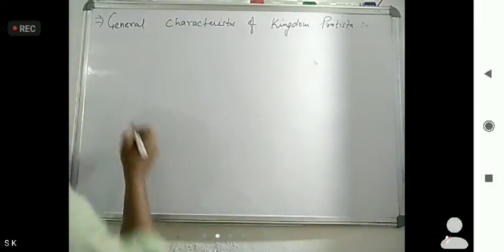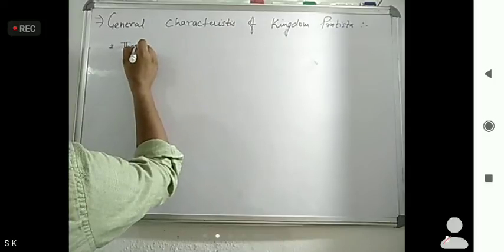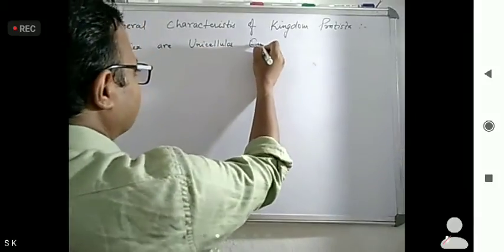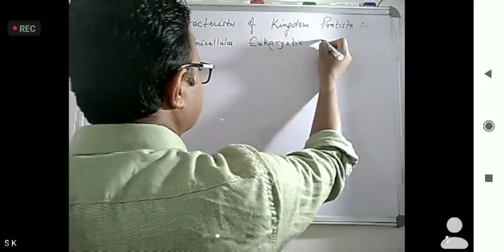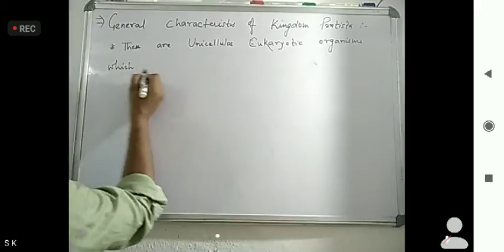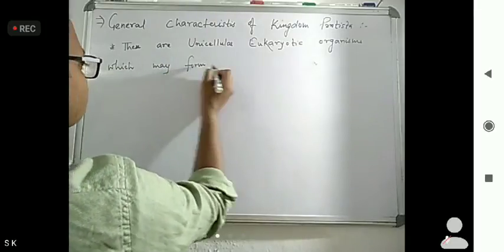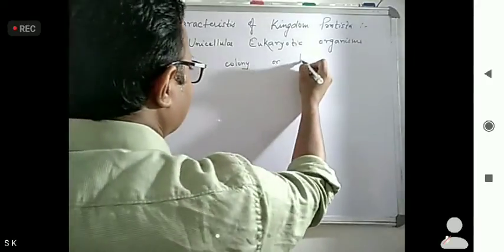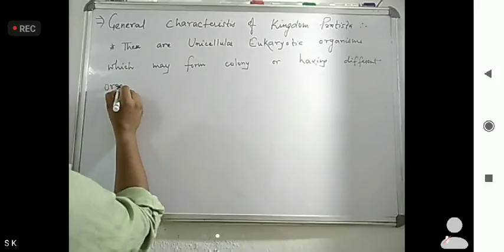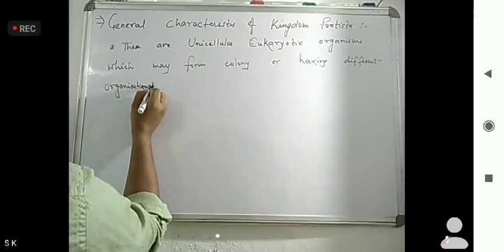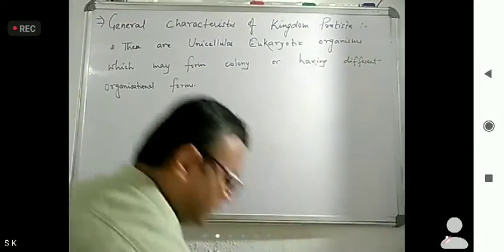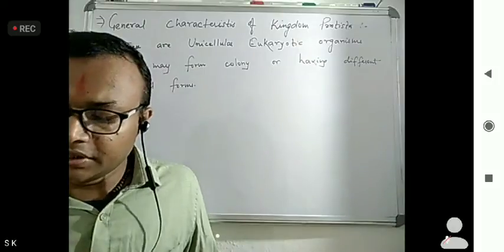So, first, these are unicellular eukaryotic organisms which may form colonies or have different organizational structure forms.